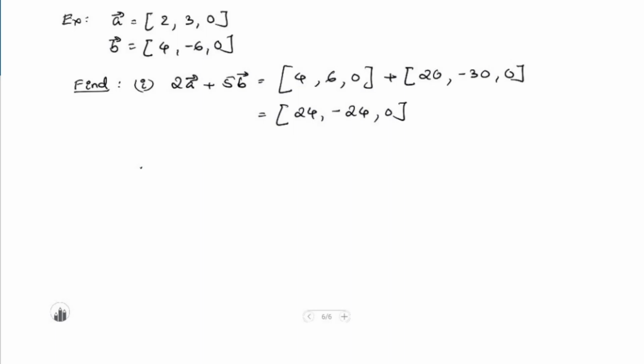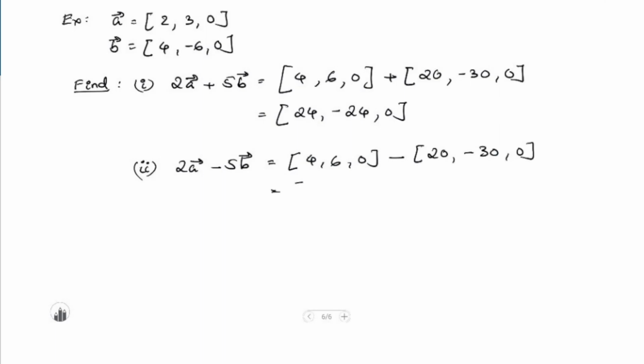And going to the next one, we have to do now 2A minus 5B. Again we have the same vectors above. So 2 times A would be 4, 6, and 0. But this time it will be minus 20, minus 30, and 0.